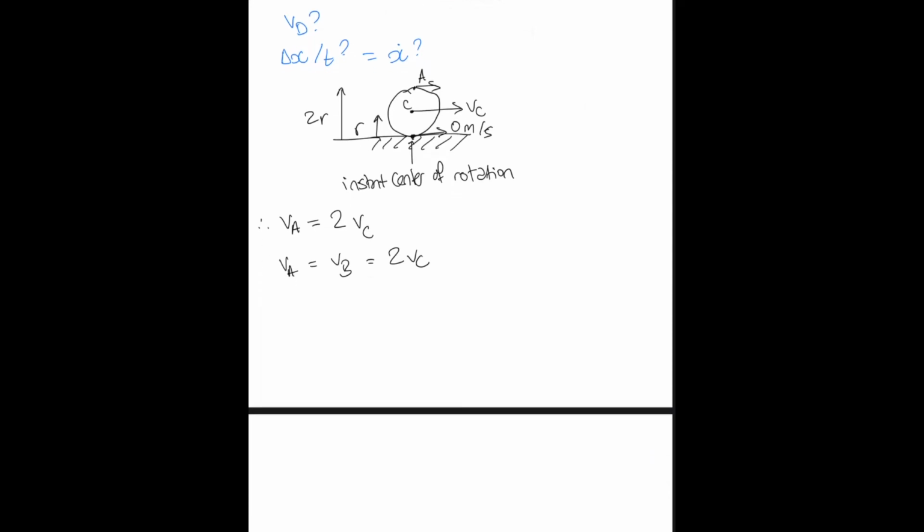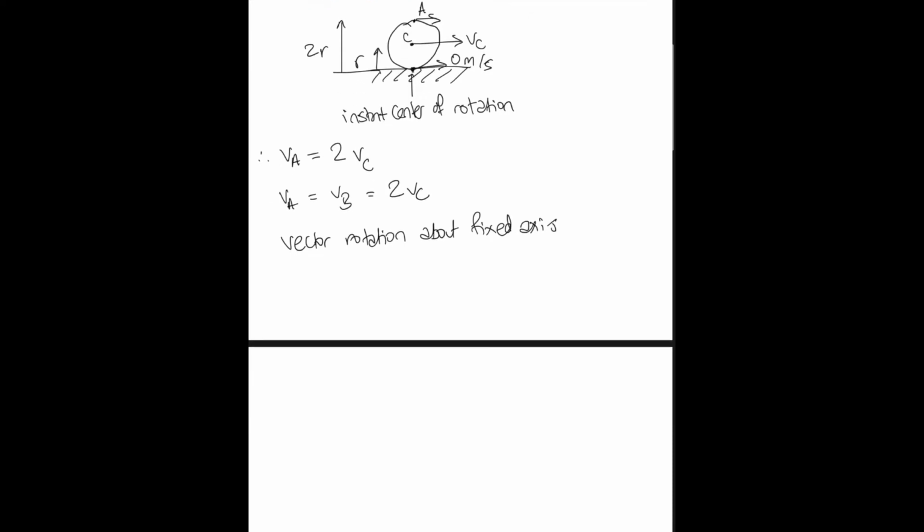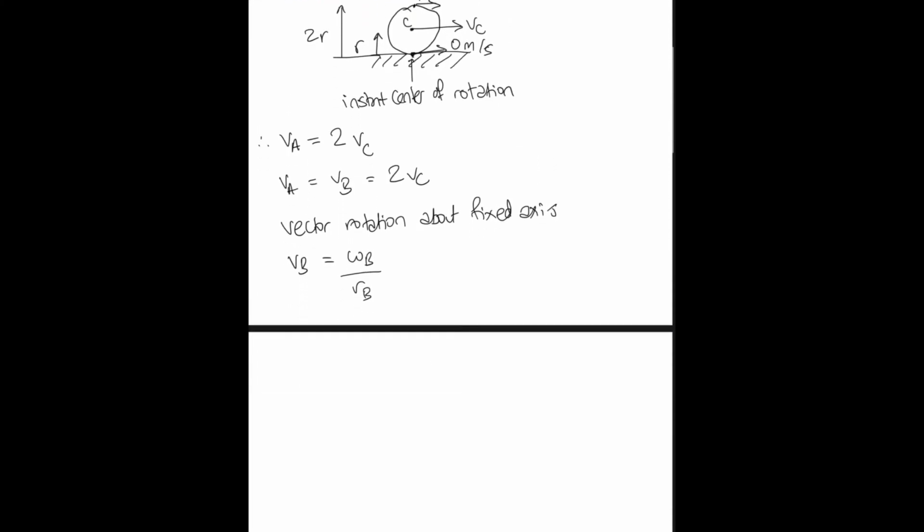Now, for our vector rotation equations, we know that VB is going to be equal to angular velocity over the radius.